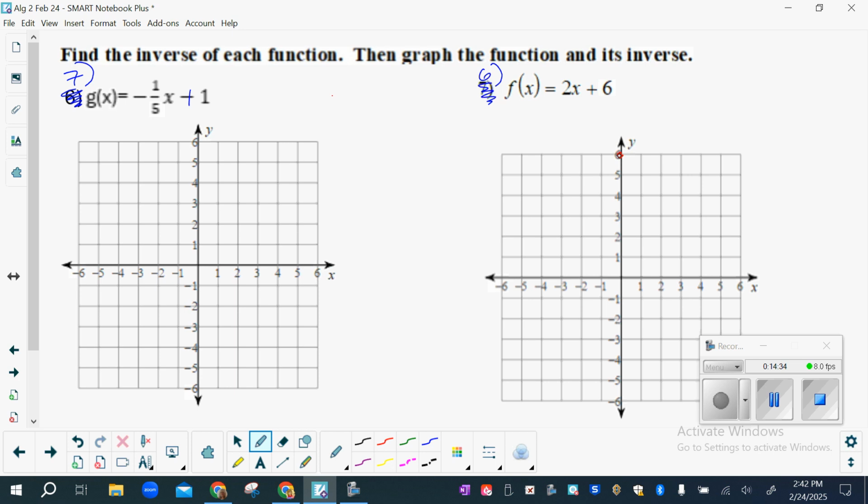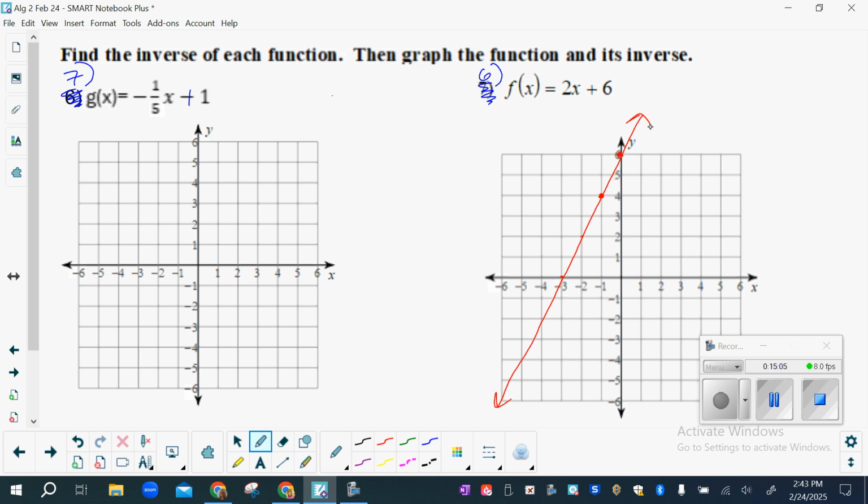So this is a slope of 2. In order to keep it on the graph, let's go down 2 and left 1. If you want to go off the graph, you can. You can go up 2, right 1. That's fine. So here's my graph. And now I need to find the inverse.